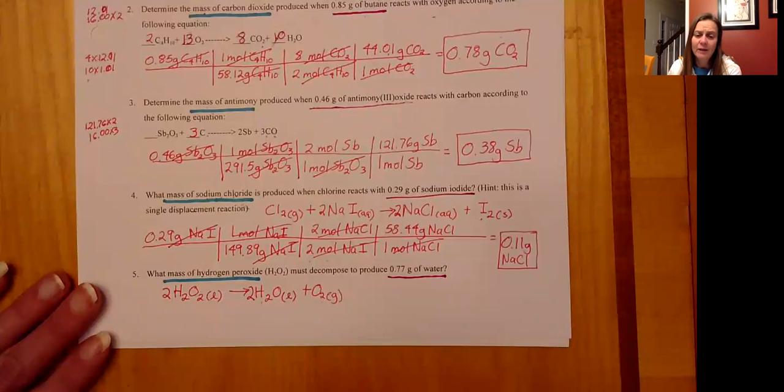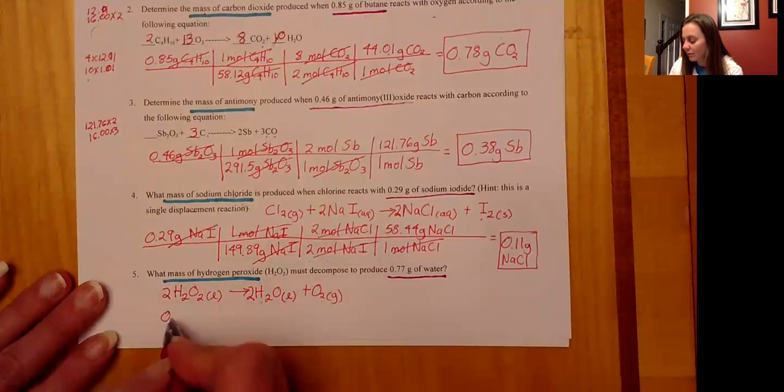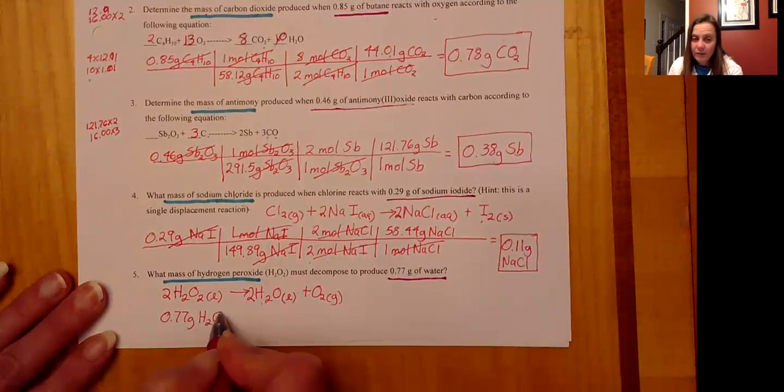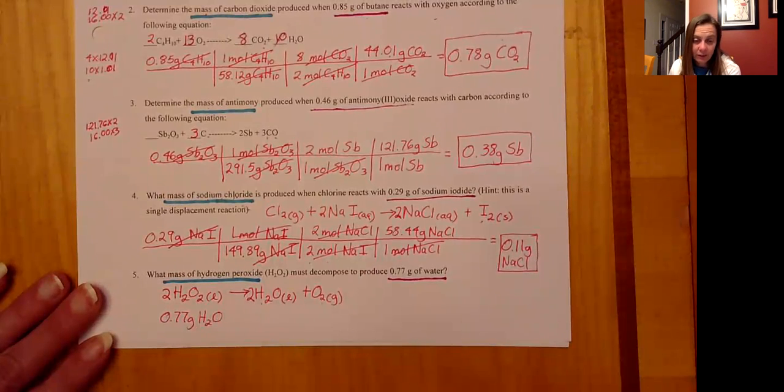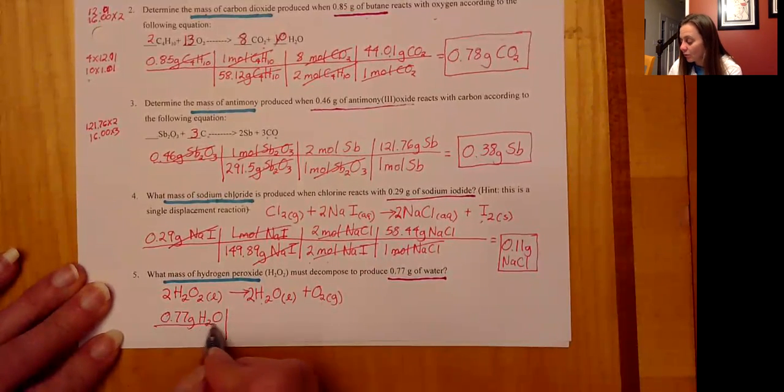So the next step is going to be to start with our given, which is 0.77 grams of water. And as always, we're going to convert from the unit that we're given to moles. And since we're given grams, we know we're going to need to use molar mass.